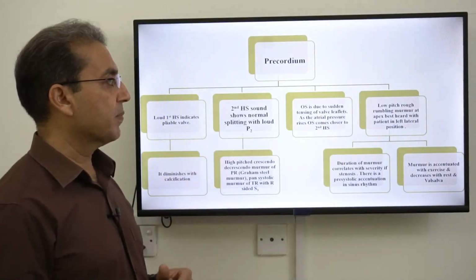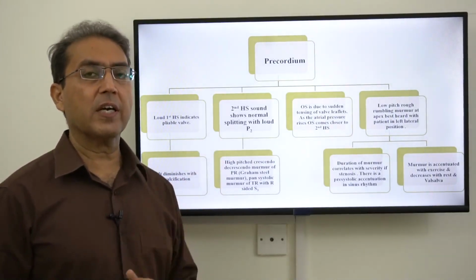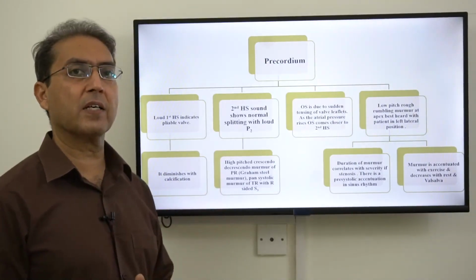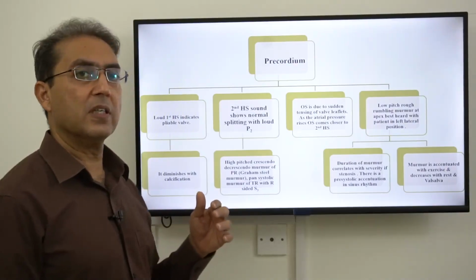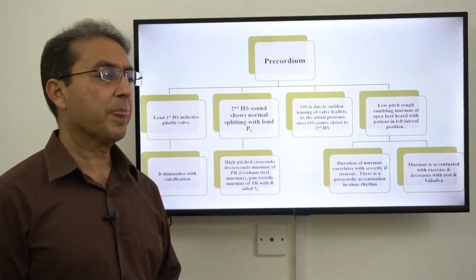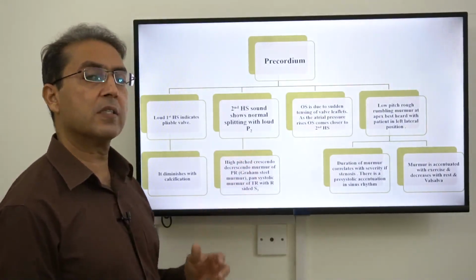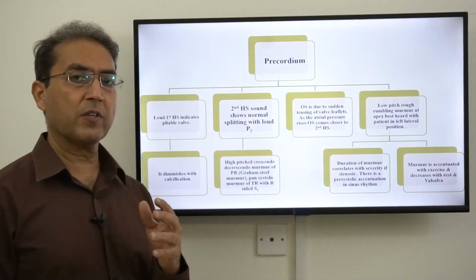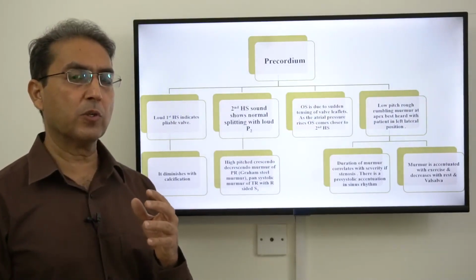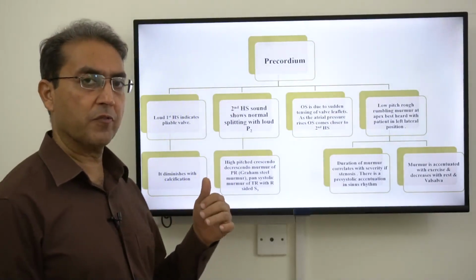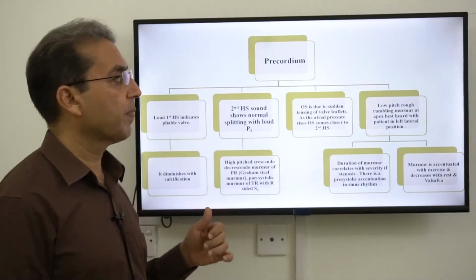This opening snap tells us that the valve is pliable, and as the opening snap comes closer and closer to the second heart sound, that means the MS is tighter and tighter. So this can tell us two things: whether the valve is pliable and would be amenable to balloon dilatation, and it can also tell us about the severity of the mitral stenosis if the patient is serially followed.